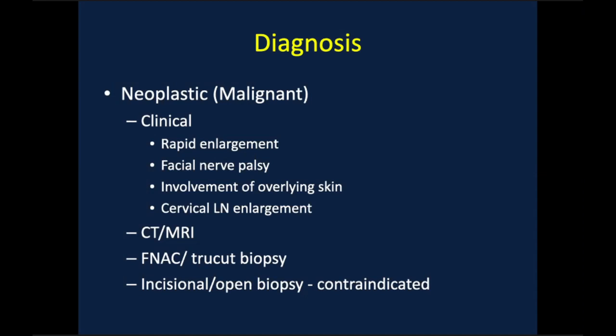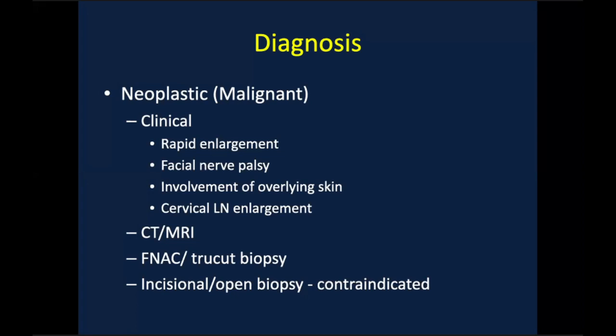So you can't just diagnose a malignancy clinically, then you have to go for imaging. So imaging of choice is something like CT scan or MRI scan. Ultrasound is useful initially, but obviously you will need further imaging with CT or MRI. So you suspect it clinically, then you do imaging.